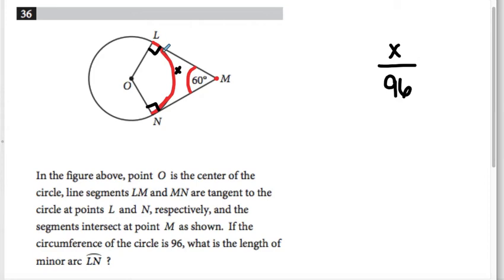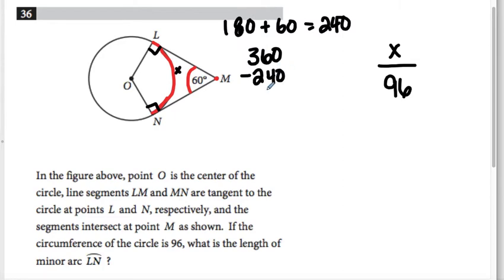So that's really helpful because now I have this quadrilateral OLMN, and we know that the four angles of a quadrilateral add to 360. So I can do 90 plus 90 plus 60. That's 180 plus 60, which is 240. And I can subtract that from 360 and get 120. So the central angle is 120.